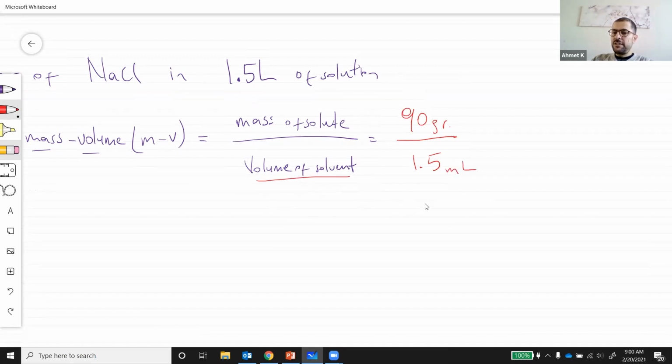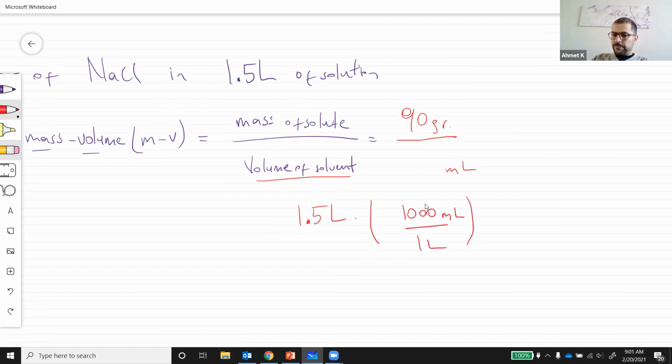It has to be milliliters. So you write 1.5 liters, and using dimensional analysis, 1000 milliliters is equal to 1 liter.